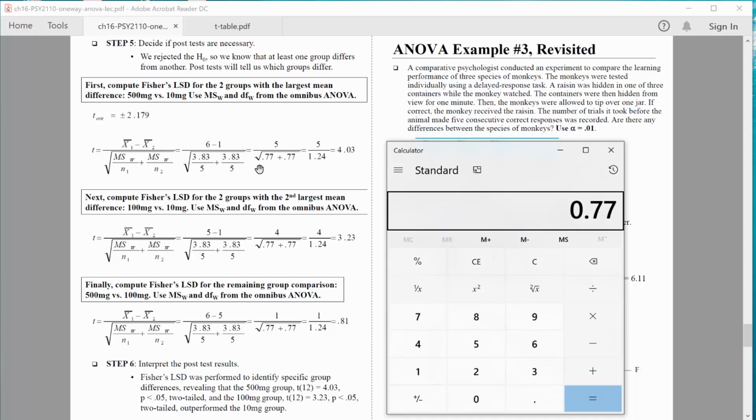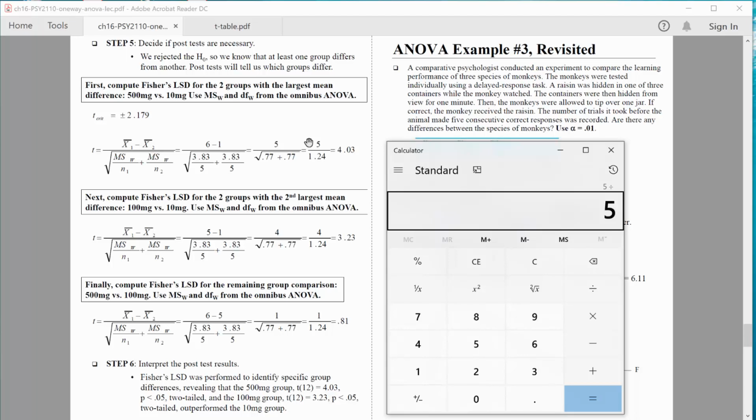A little bit of rounding as we go is no big deal. It's better that we're all able to follow along step by step. So when we add up those 2 values, we get 1.54. I have to make sure I take the square root of that. So let me hit my square root key. That equals 1.24.